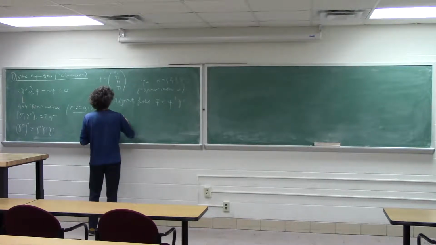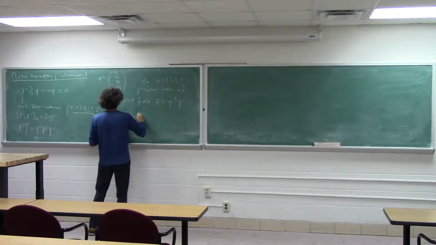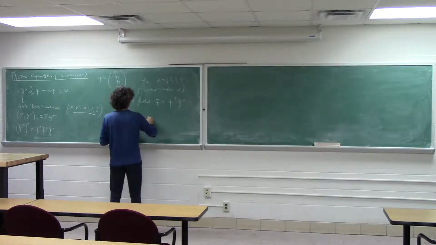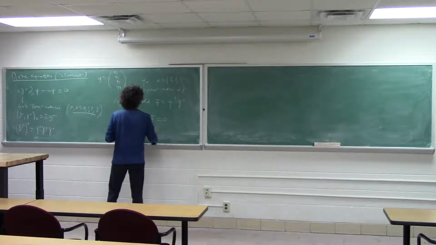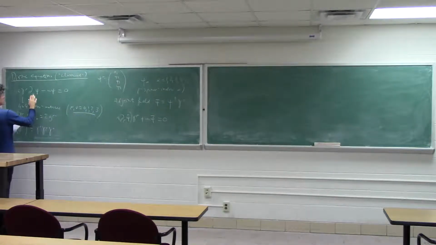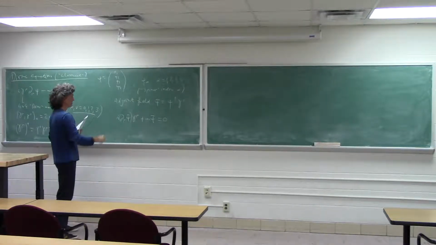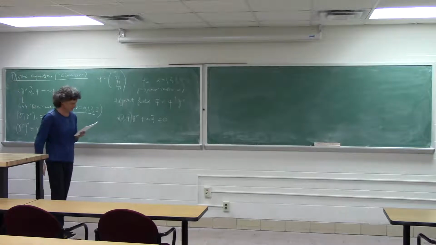Writing it like this: d mu psi bar, gamma mu plus m psi bar is 0. If I take the Hermitian conjugate of this equation and multiply from the right-hand side by gamma 0, you should get this equation, or it's just equivalent.